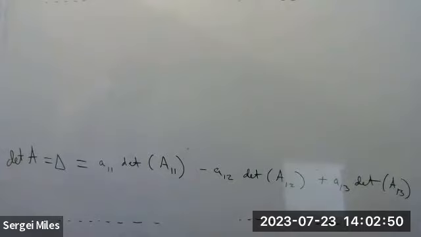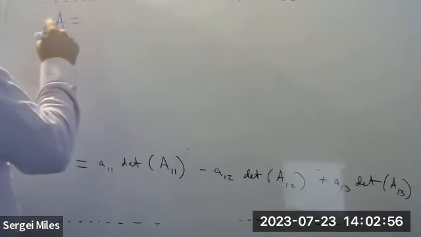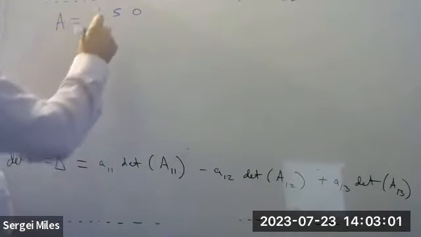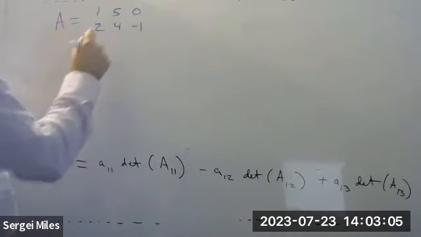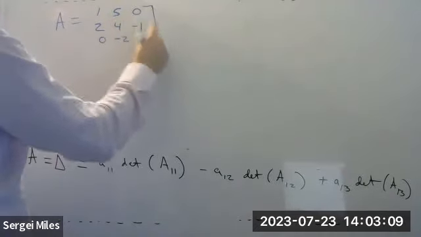And we're going to have this example. Let's say A equals this matrix: 1, 5, 0, 2, 4, -1, 0, -2, 0.